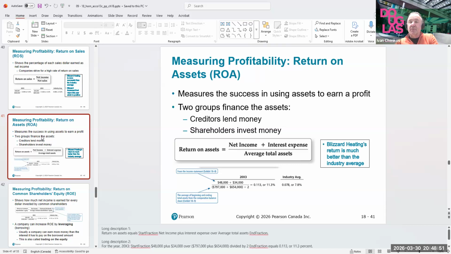Since you have two groups of assets, one coming from the lenders, the other from the investors. That simply tells you, with the assets that you have, how much you generate, and where you are compared to the industry. We're generating 11.3%, where the industry is 7.8%. We are above the industry in this case.